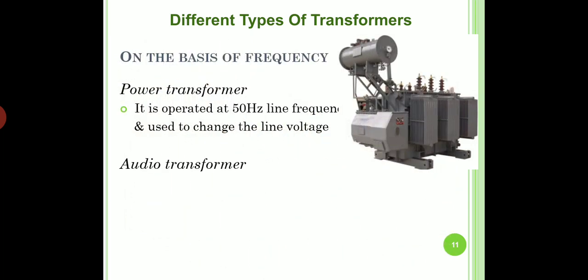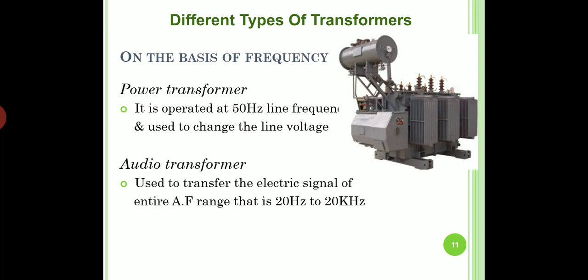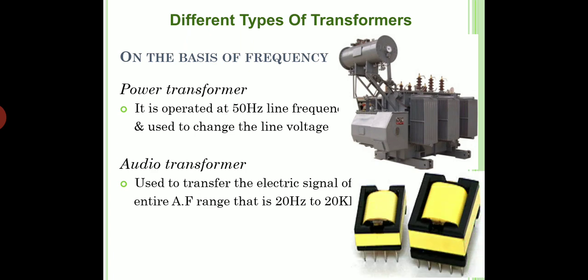Then you have audio transformers, which we have just discussed. They are used to transfer the electric signal of the audio frequency range, that is from 20 hertz to 20 kilohertz. The one we have seen in a radio receiver is such an audio transformer.